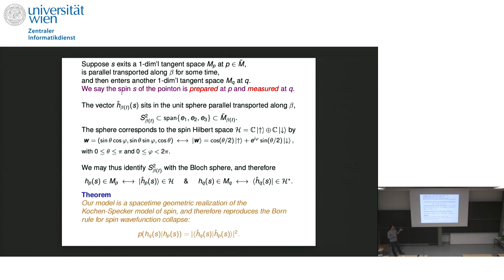And so our theorem is that our model is the space-time geometric realization of something called the Kochen-Specker model of spin, and therefore reproduces the Born rule for spin wave function collapse. So we get exactly the Born rule from this setup, but this gives a space-time description of it.